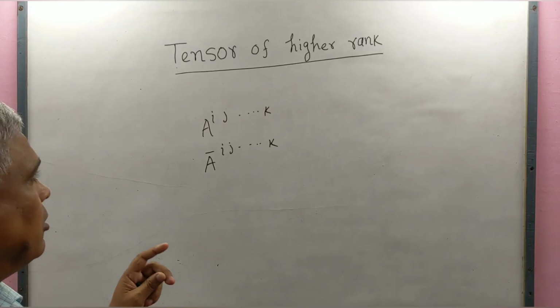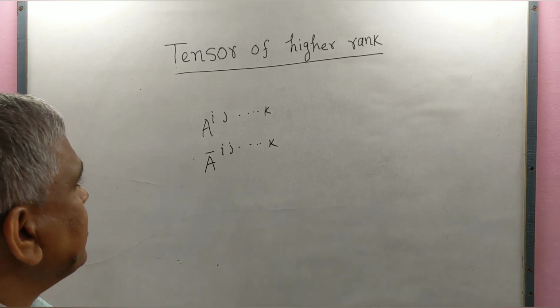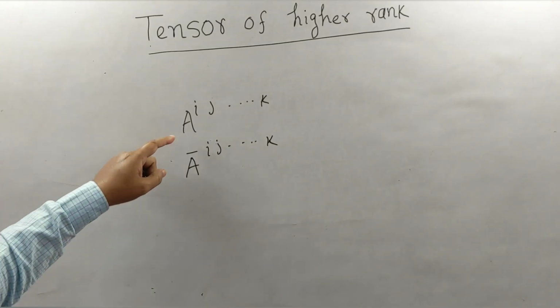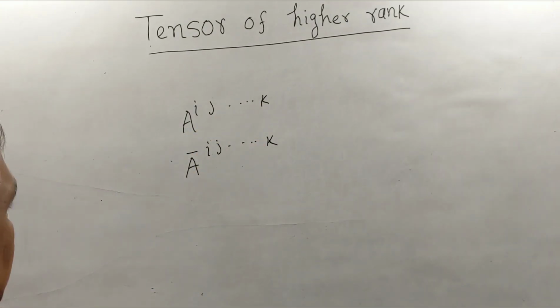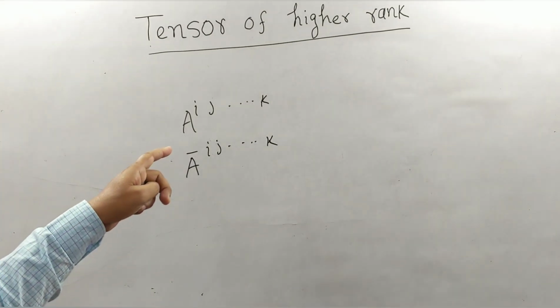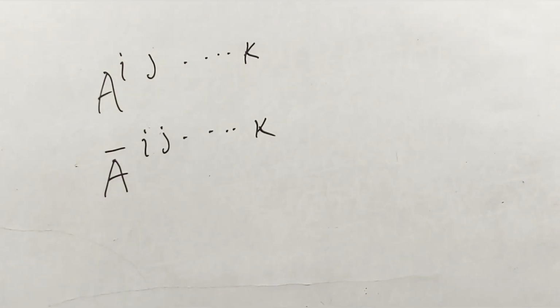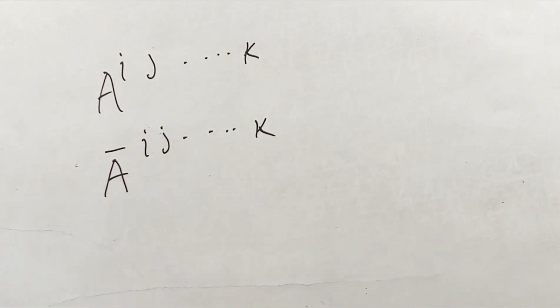Now we discuss tensors of higher rank. Let A^{ij...k} be a tensor in x system of coordinates. This tensor is a contravariant tensor. Its corresponding value in x bar system is a bar ij...k.